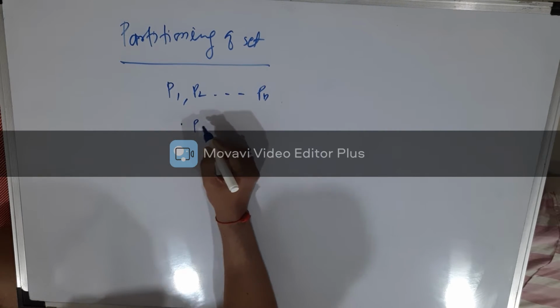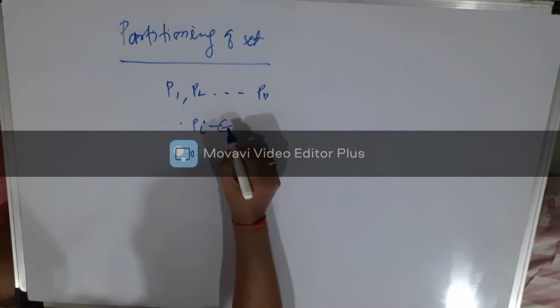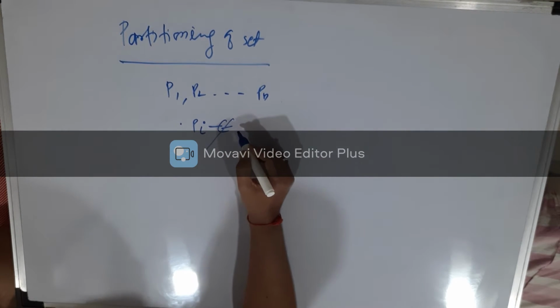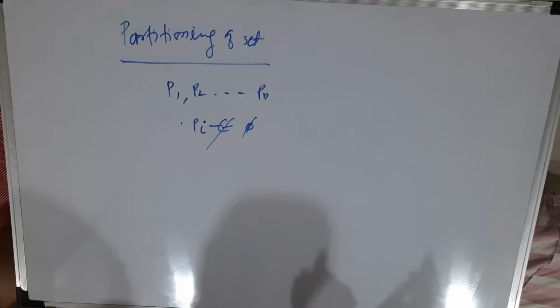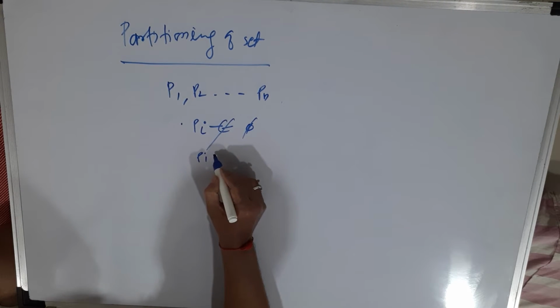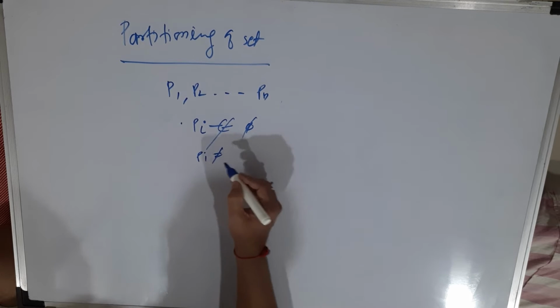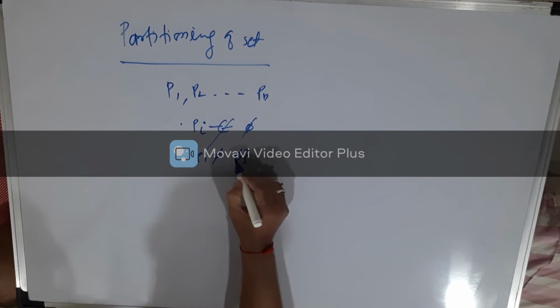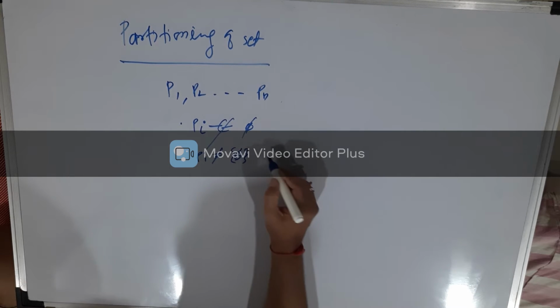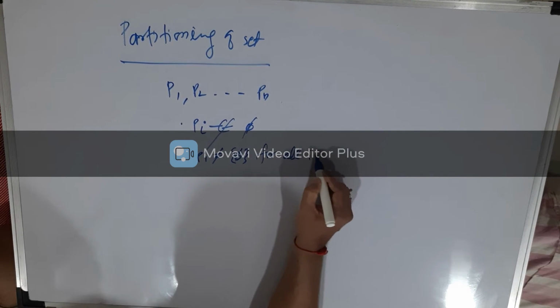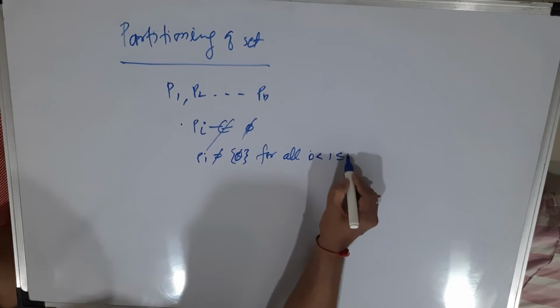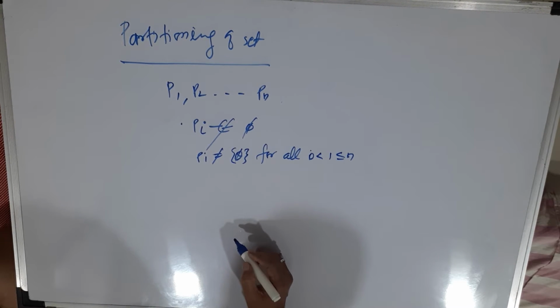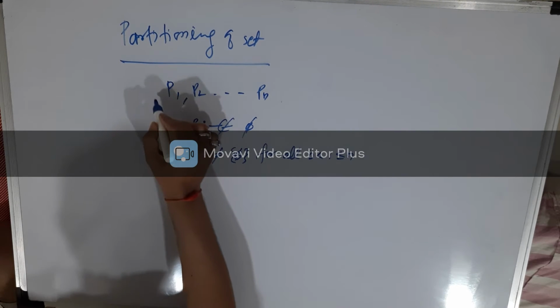So Pi should not be equal to phi for all i, where i is greater than 0 and less than or equal to n. This is the first condition.